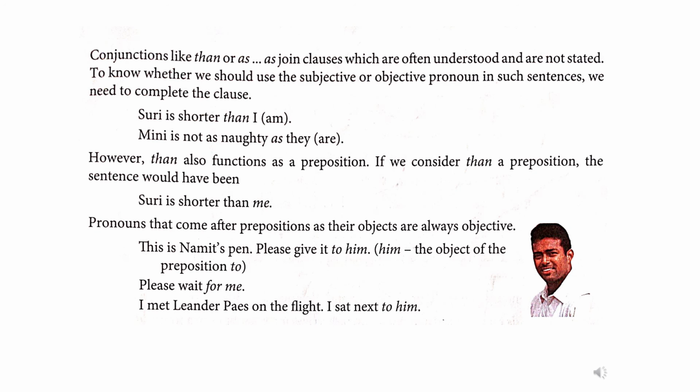Examples: Suri is shorter than I. The complete clause is Suri is shorter than I am. Secondly, Mini is not as naughty as they. The complete clause is Mini is not as naughty as they are. Here I and they are used subjectively.